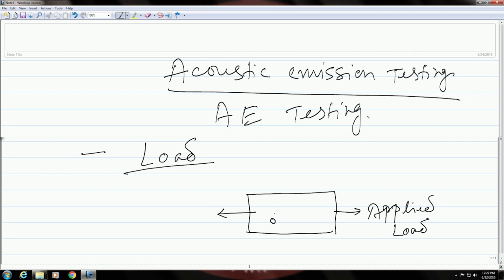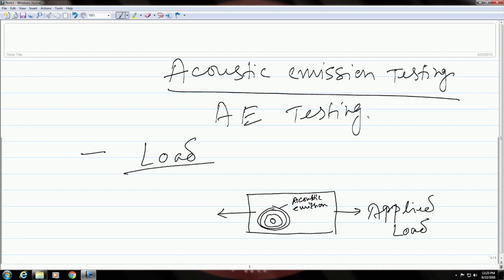That will be the source of the emissions, and then these waves will propagate from this source. So, this is a source of acoustic emission or stress waves generated due to this applied load for whatever reasons, which we are going to talk about a little later.